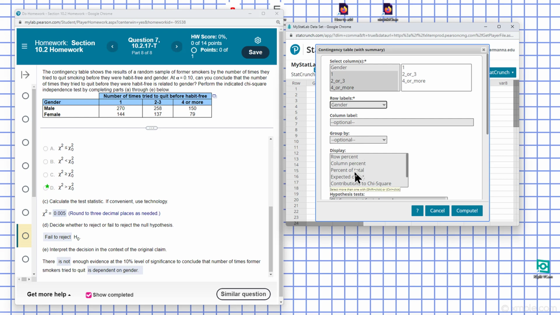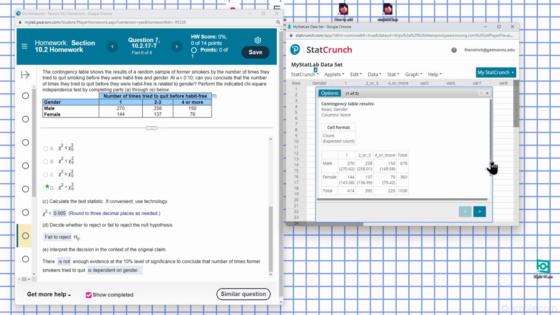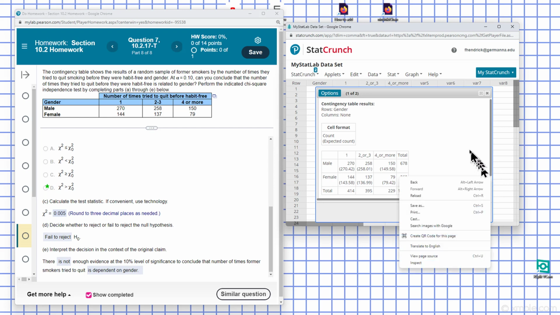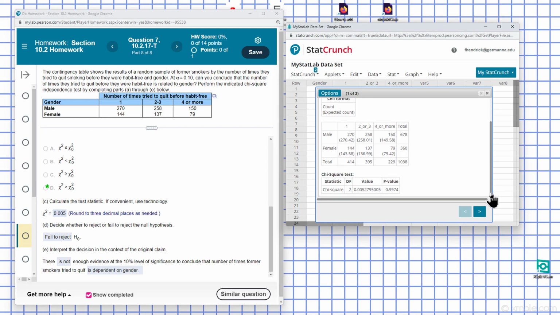And I'll just go ahead and put here expected count. And go down a little further. Select chi-square test for independence. Then I hit compute. And there's my test statistic here. There's the area underneath it.